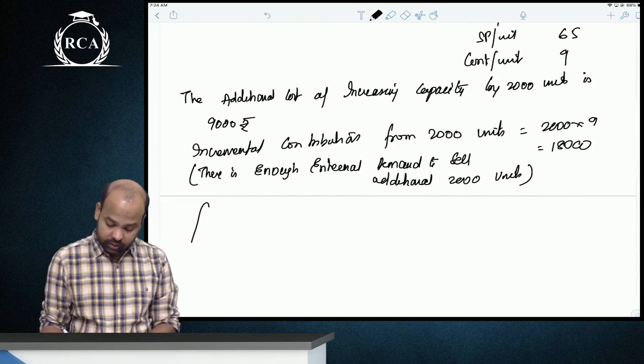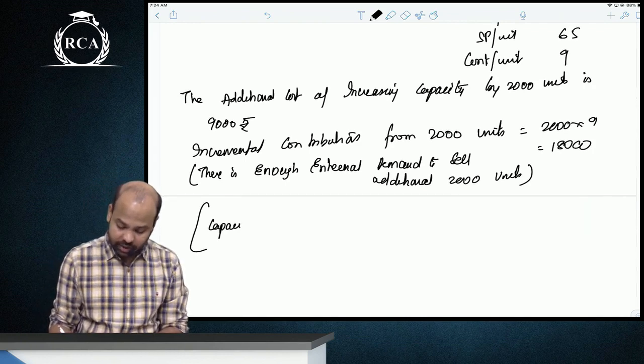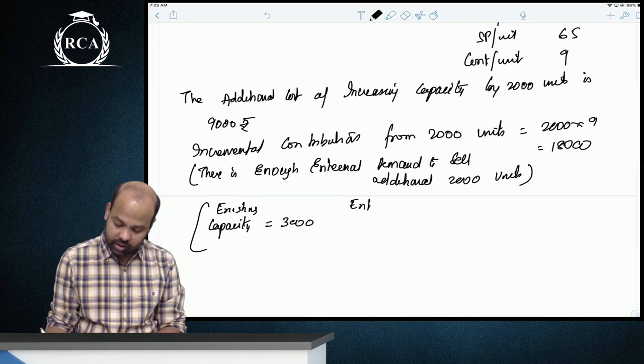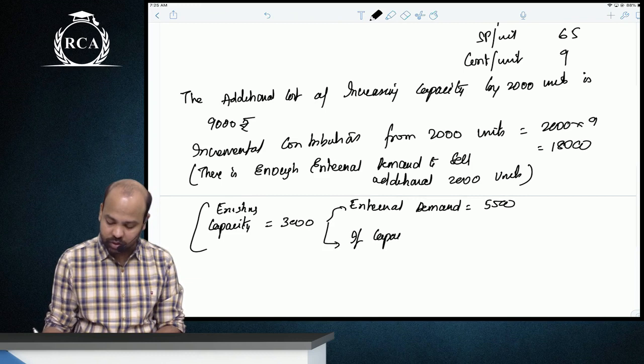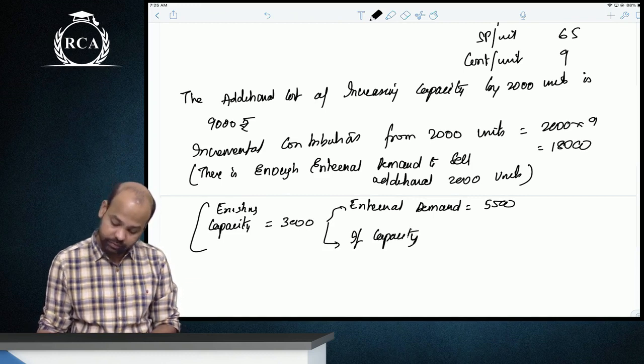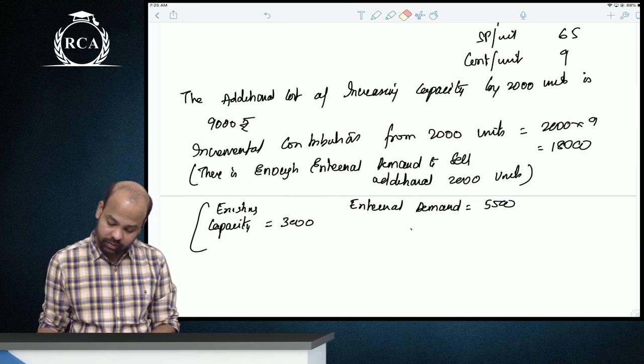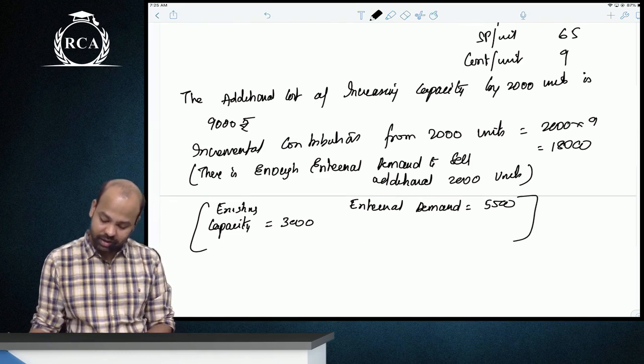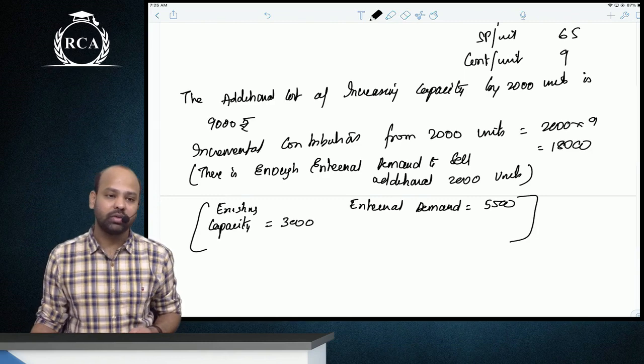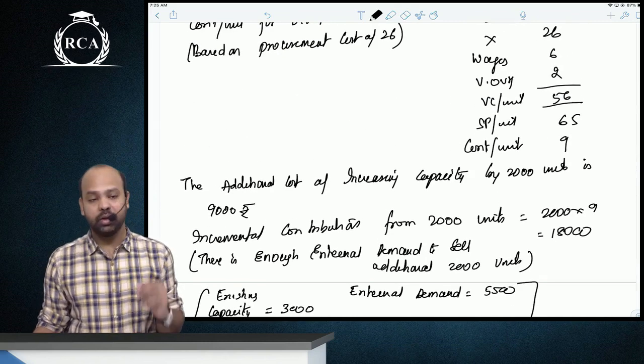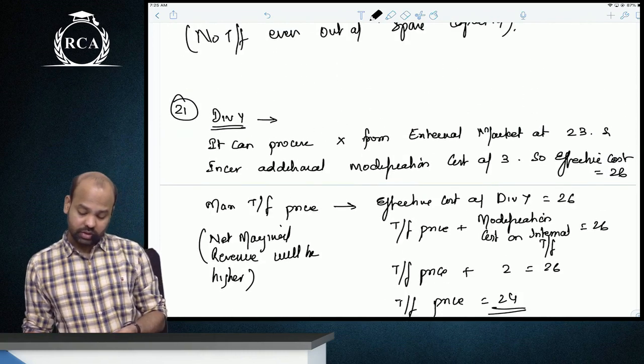Right now their existing capacity is 3000 units, whereas the external demand is 5500. So if capacity is increased by 2000, we can sell the entire 2000 units. External demand is 5500, so even if we increase the capacity by 2000 units, we would be able to sell the entire 2000 units. So this was about division Y.